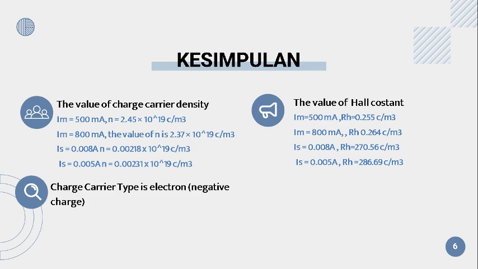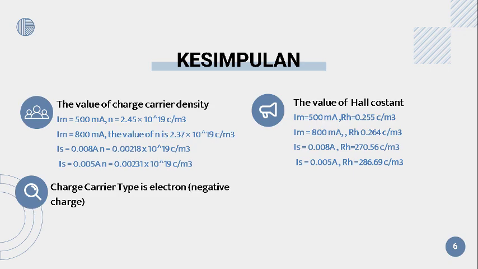And 4, for IS 8 mA, is 0.00218 × 10^19. The charge carrier type is electron, or negative charge.